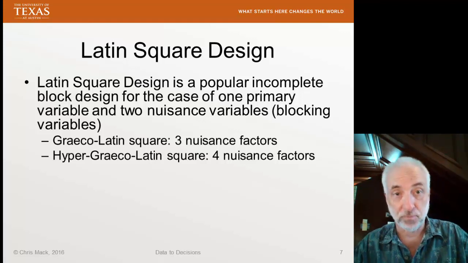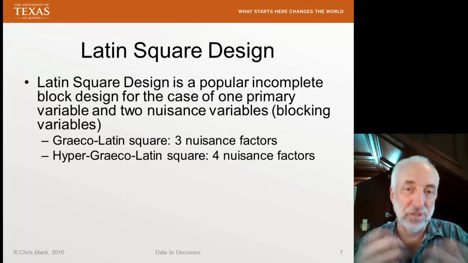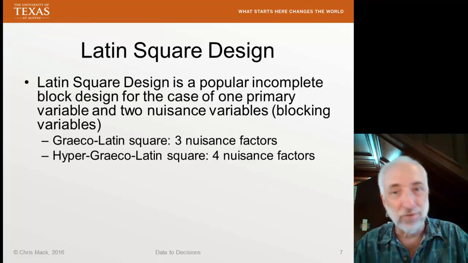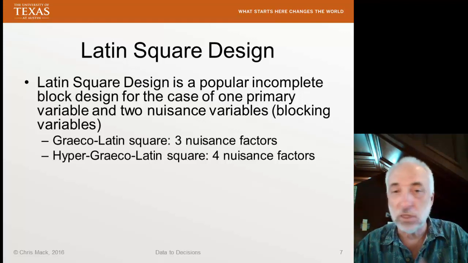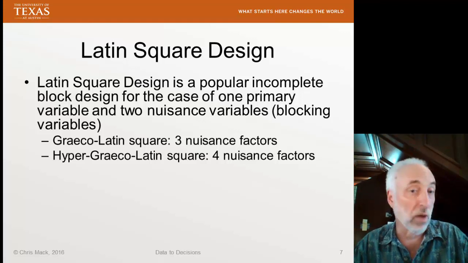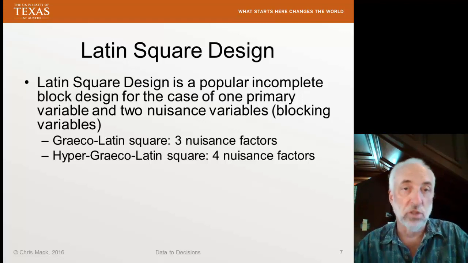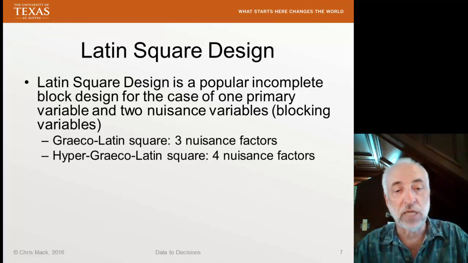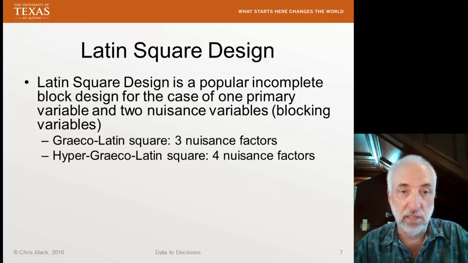Maybe I don't want to do that. That would only be if there were 2 levels of the 2 nuisance variables. Sometimes you might have more than 2 levels of each nuisance variable as well. So it can sometimes be impossible to do a randomized complete block design. So we do the Latin square design instead.